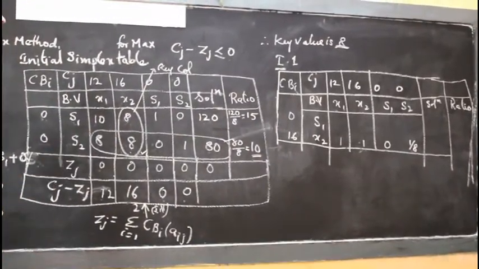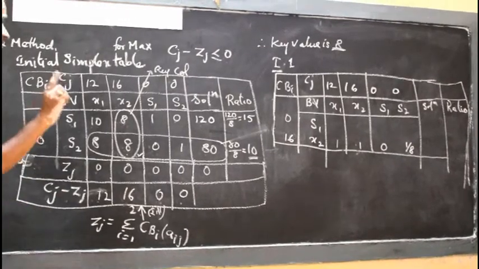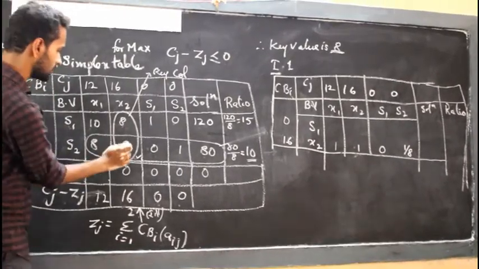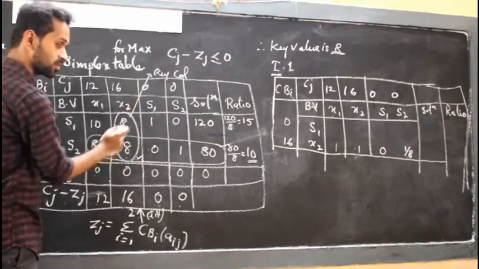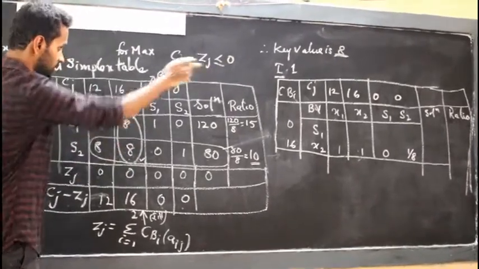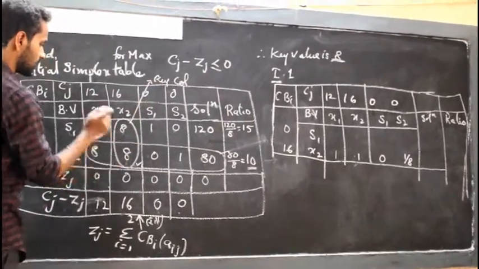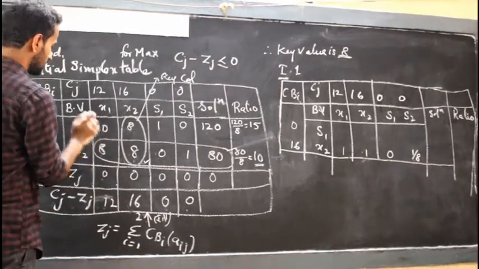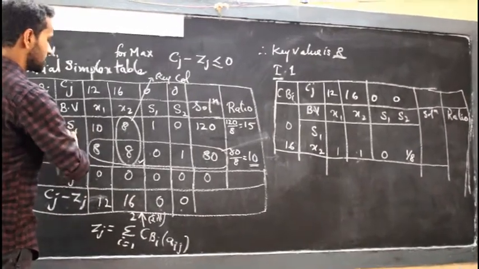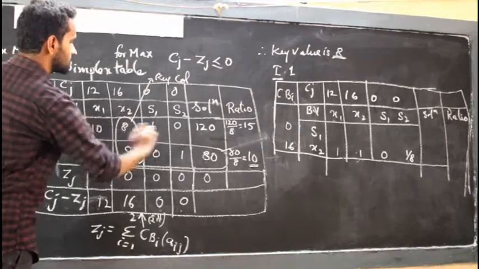Now I need to find the key using this key value. My concentration should be on my old initial table only, not on the new table being given now. So using the key value, I need to change the S1, that means the first constraint coefficients.